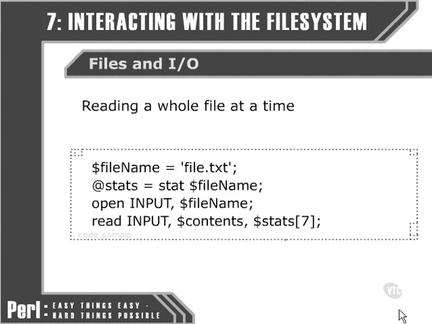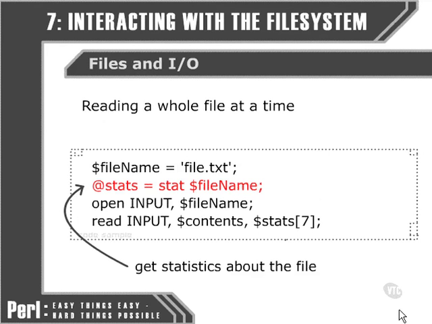Here's a short script or a snippet of code that does exactly that. Let's look at it line by line. First of all, after we've set up the variable file name with the name of the file we want to access, we run our stat function on that file name. You'll notice that we use the file's name rather than using a file handle.